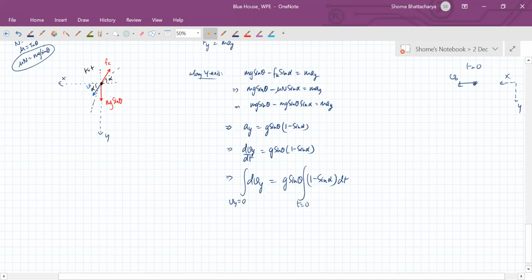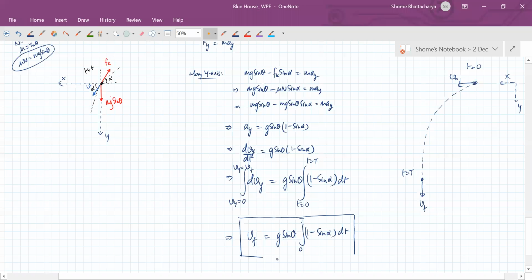Whereas by the time we are coming to the final stage of the motion here, capital T, the final velocity is along the y-axis only, does not have an x component. So at t equal to capital T, Vy is whatever the final velocity is. So the left hand side becomes V final and the right hand side becomes g sine theta into the integration of 1 minus sine alpha dt from 0 to T.